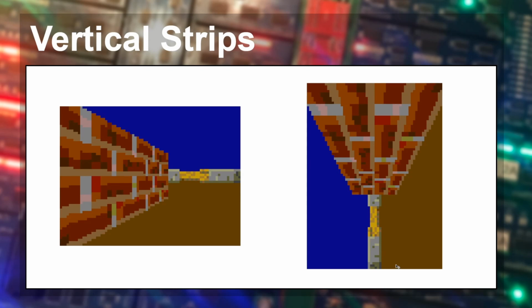Now, this was very useful because it meant that the inner loops that were drawing these strips only had to worry about moving a single pixel through memory as it was rendering. And then the buffering code that flips it into the front screen actually does this kind of transpose and rotate in order to put it on the screen in the correct format.